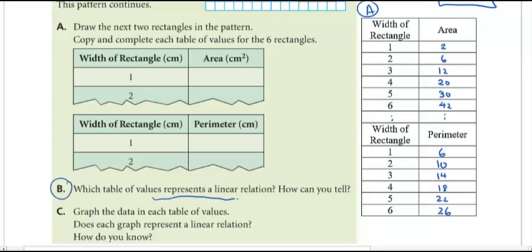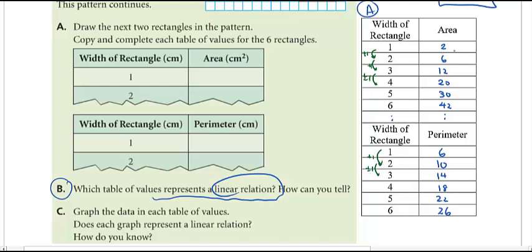Which table of values represents a linear relation, and how do you actually know? Now notice that when I did this chart, the width of the rectangle always went up by 1 every single time, right? Plus 1, plus 1. Same thing over here, right? Always plus 1.